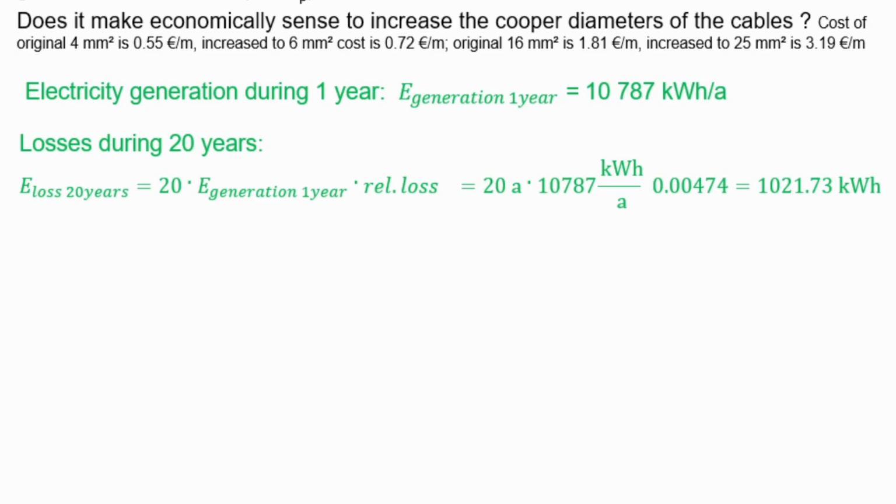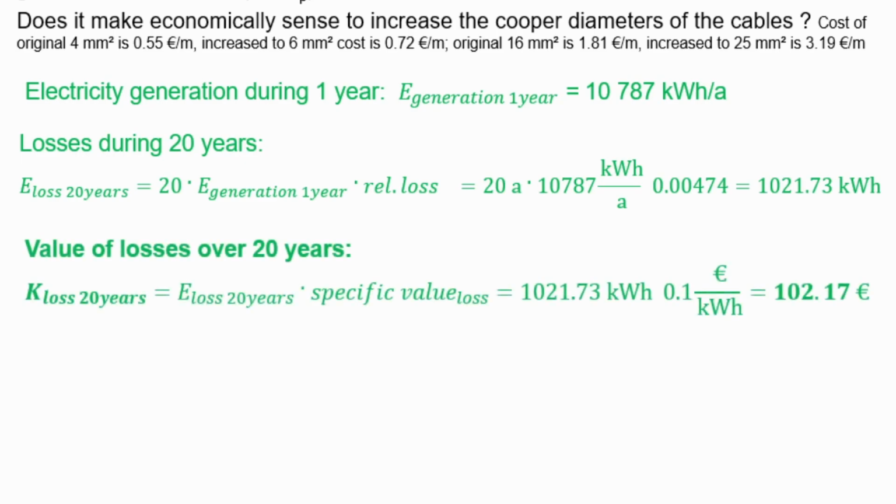And if you put in the numbers, you come to about 1 megawatt hour, or 1021.73 kilowatt hours for 20 years. So over 20 years, we lost about 1 megawatt hour. This 1 megawatt hour is worth 0.1 euro per kilowatt hour. We then have monetary losses of about 102.17 euro.